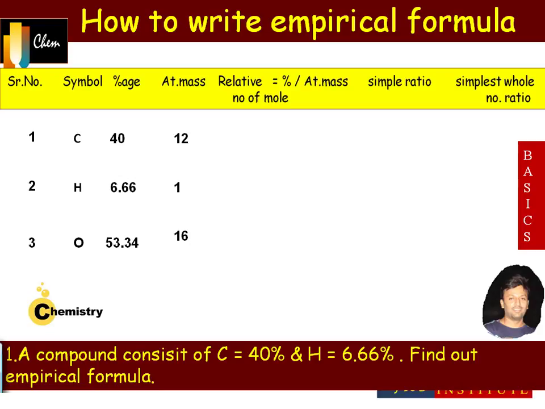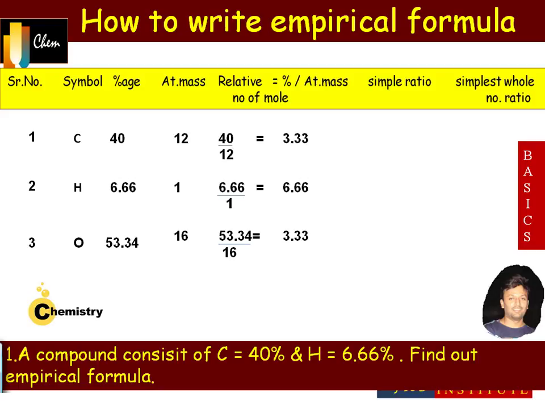So for carbon, the percentage is 40 and atomic mass is 12, hence 40 by 12. For hydrogen, 6.66 divided by 1. For oxygen, 53.34 divided by 16. And the relative numbers of moles are 3.33, 6.66 and 3.33.